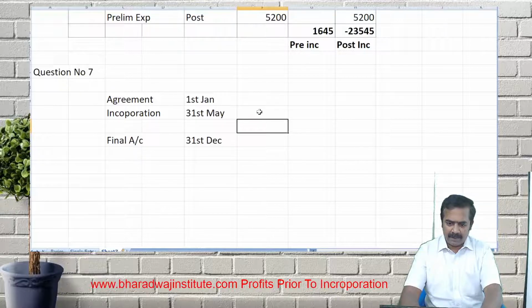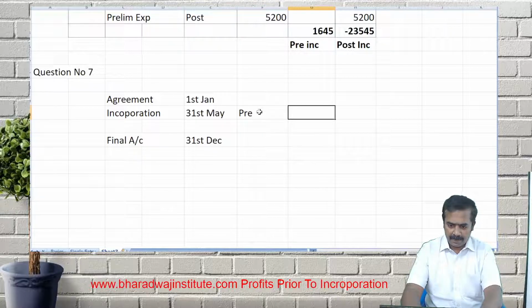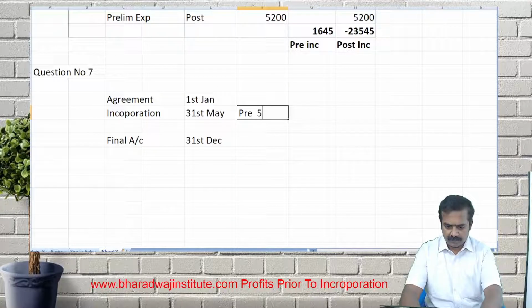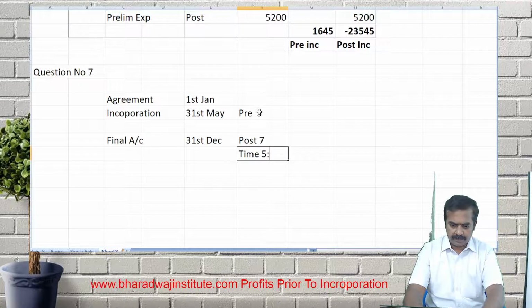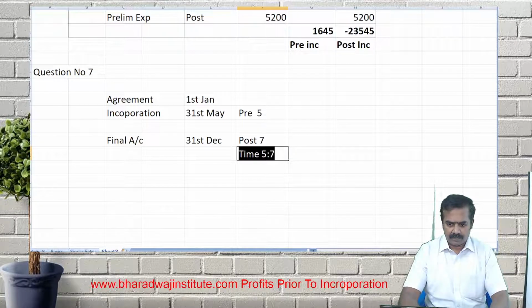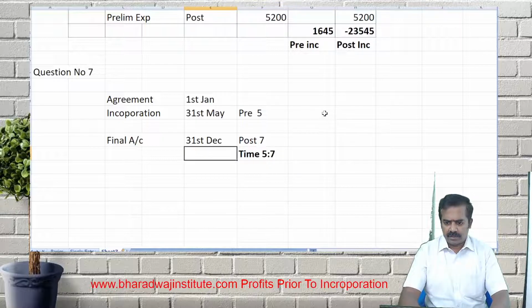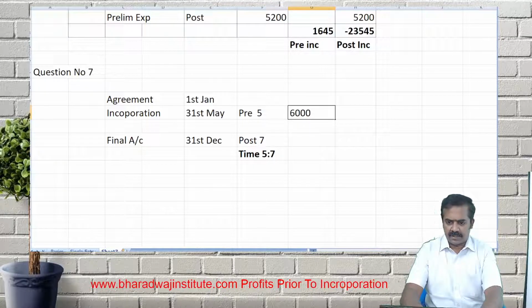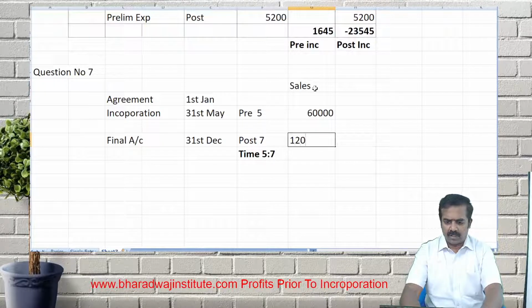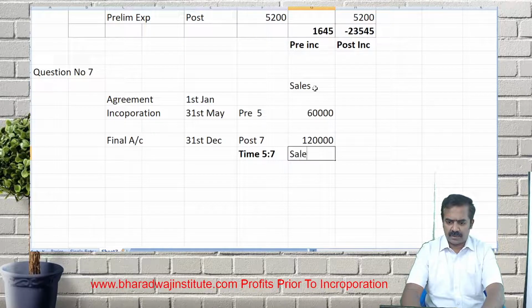How many months are pre-incorporation? 5 months. Post, 7 months. So the ratio is 5:7. Sales given: pre-incorporation 60,000, post-incorporation 1,20,000. So the sales ratio is 1:2.